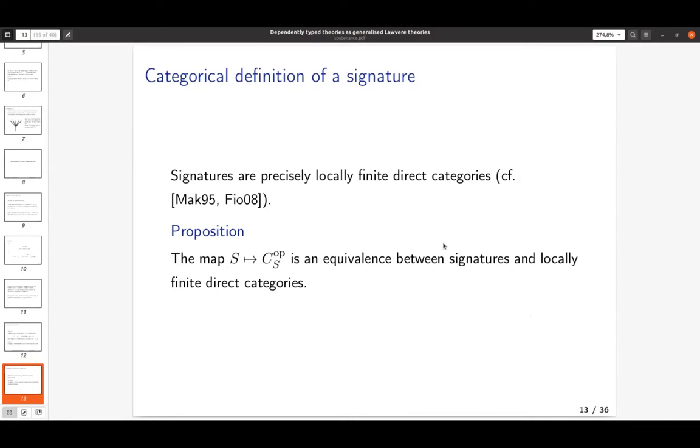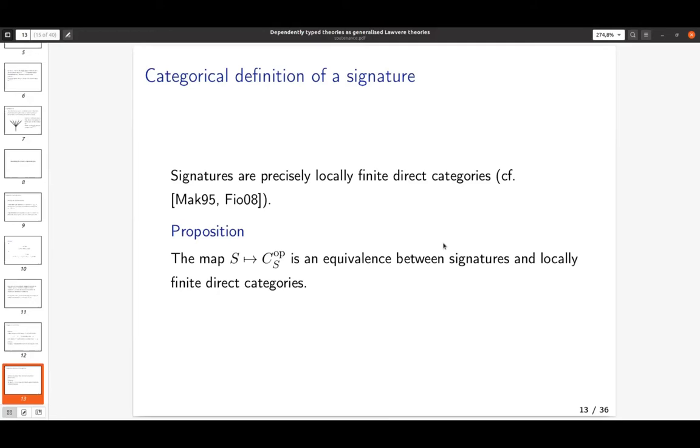So the first observation, which is an extremely agreeable one, and it's not new, it's part of Mackay's work on folds, is that given a signature S, CS op is a locally finite direct category, and the map taking a signature S to CS op is an equivalence in a suitable sense between signatures and locally finite direct categories.